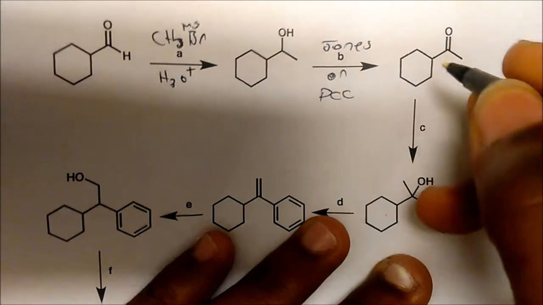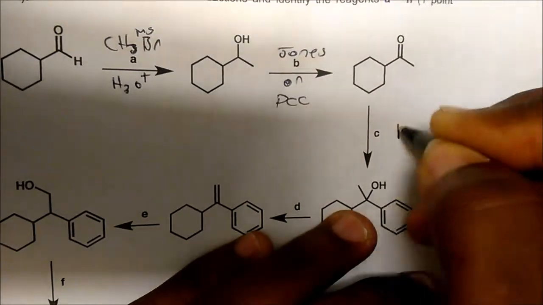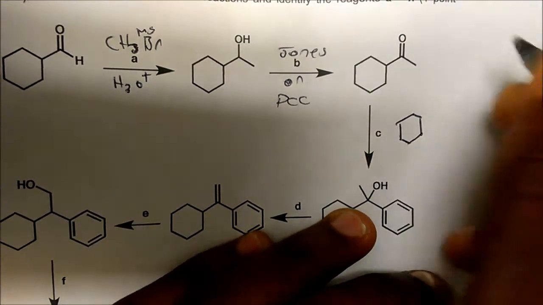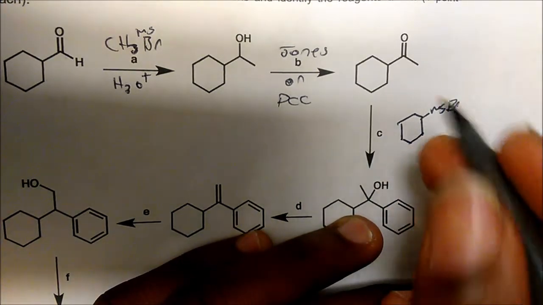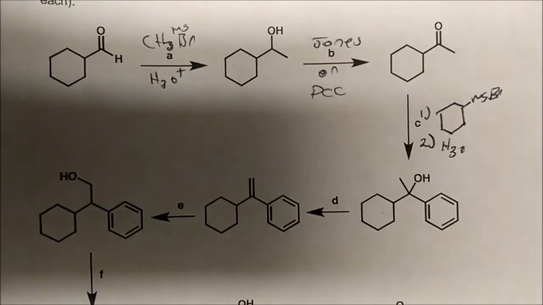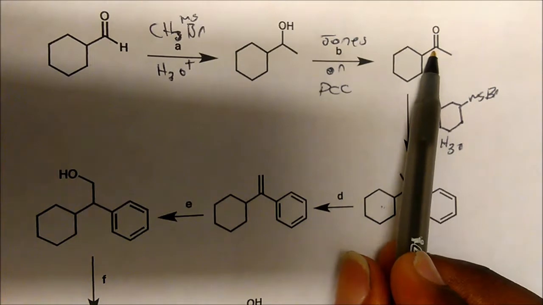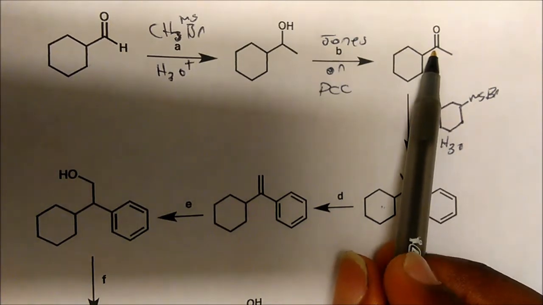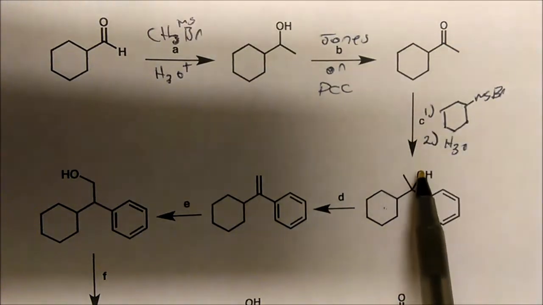So maybe if I add the cyclic molecule here bonded to magnesium bromide, in some sort of acid in the second step, this will give me my product. Again, we have a ketone. This carbon here is nucleophilic, so this will attack my slightly electrophilic ketone carbon, kicks off the double bond on oxygen, and water comes in the second step to give me my alcohol.